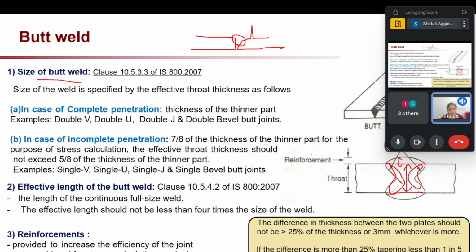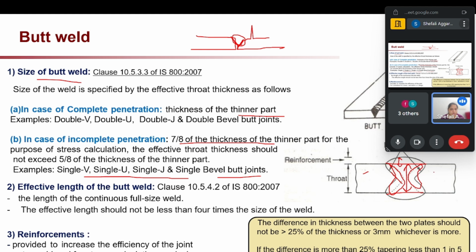Mostly, in cases where a V is made, examples are given like single V, single U, J, or single bevel butt joint. In case of complete penetration, we take the complete thickness of our plate, the complete throat thickness, as the size of weld. In case of incomplete penetration, we take 7/8 of the thickness of the thinner part.